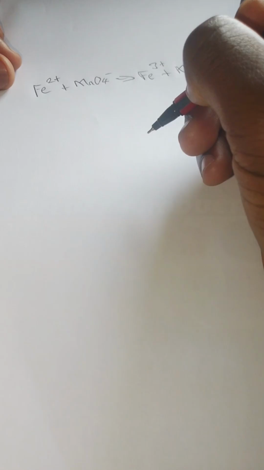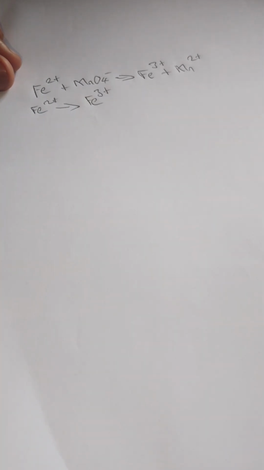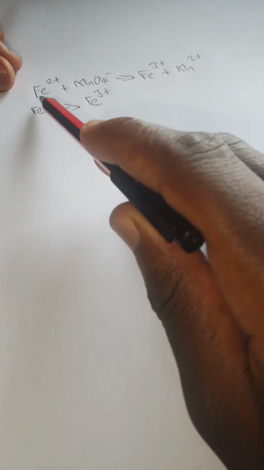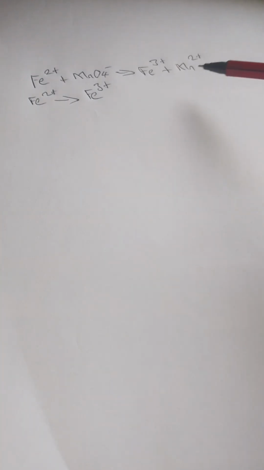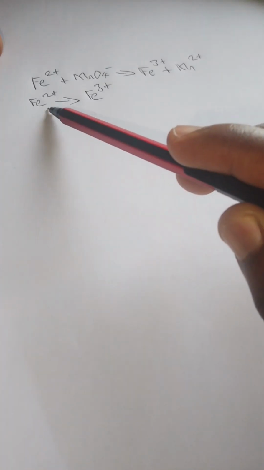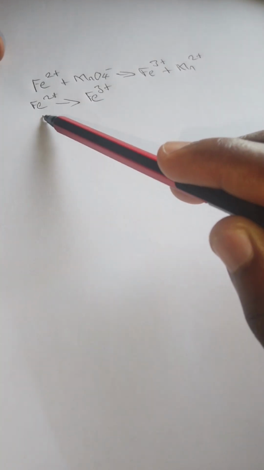First, we have Fe2+ going to Fe3+. On the left side it is Fe2+ and on the right side it is Fe3+. So what do we do to make the left and right sides equal?